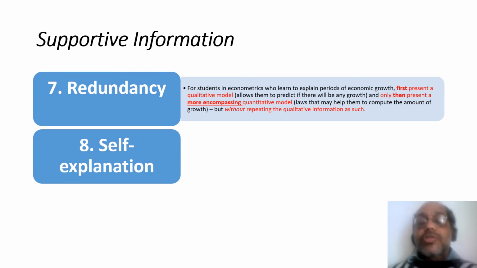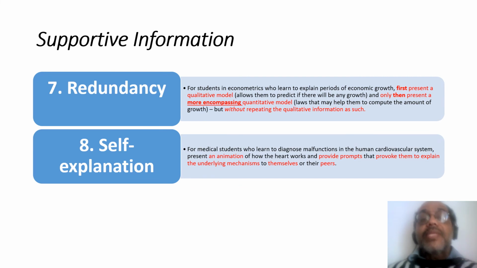Other examples of developing cognitive understanding is self-explanation, where medical students will find different ways of explaining that, for example, through animations. But in the animations, you will provide prompts so students not only see what is happening, but are provided with an opportunity where they have to then explain what is happening.